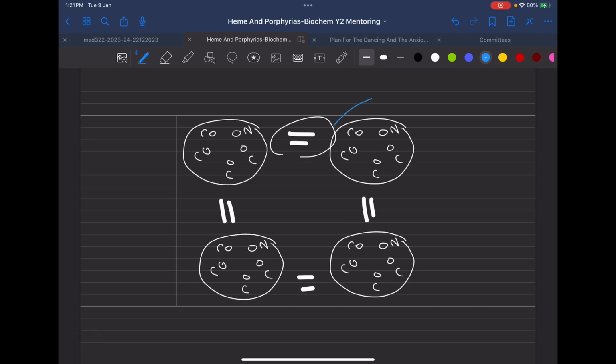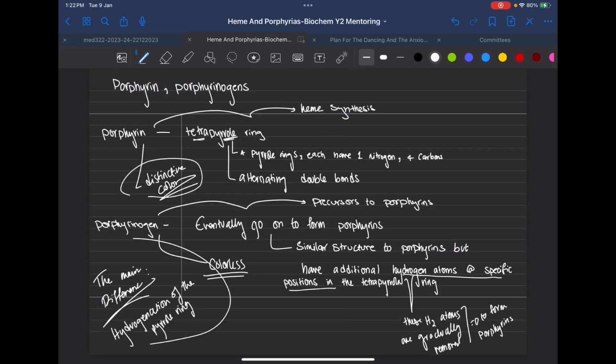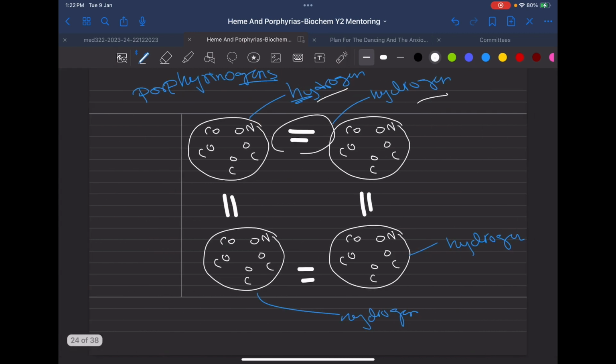You just need to know that the difference between porphyrins and porphyrinogens is that porphyrinogens have these extra hydrogen. So the main difference is the hydrogenation of the pyrrole ring.